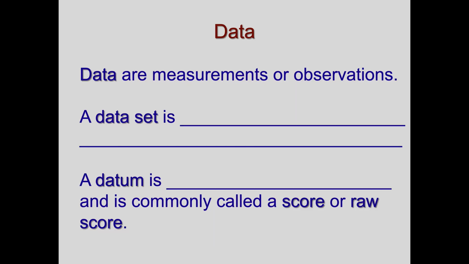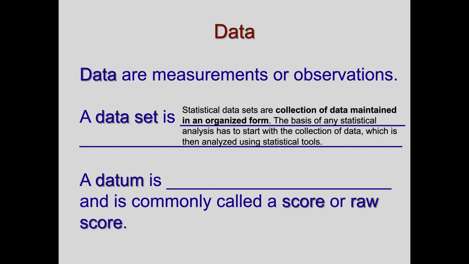Okay, data. Data is nothing more than measurements, observations. A data set is, a datum is. A data set is, statistical data sets are collection of data maintained in an organized form. The basis of any statistical analysis has to start with the collection of data, which is then analyzed using statistical tools. Okay, yeah, you got to begin with data.